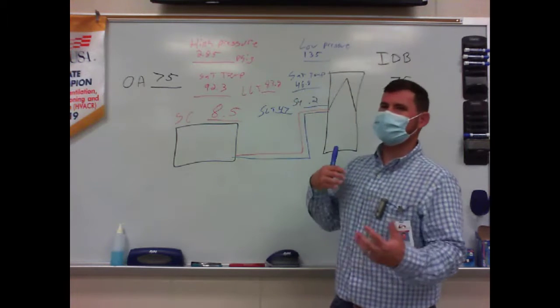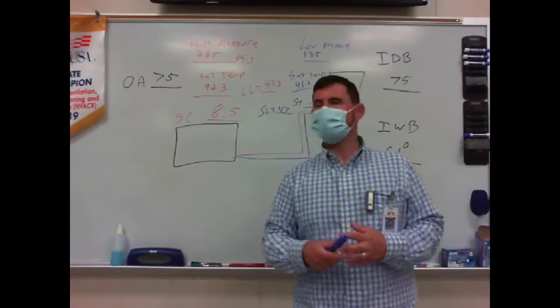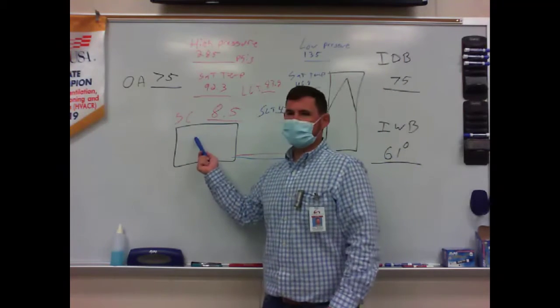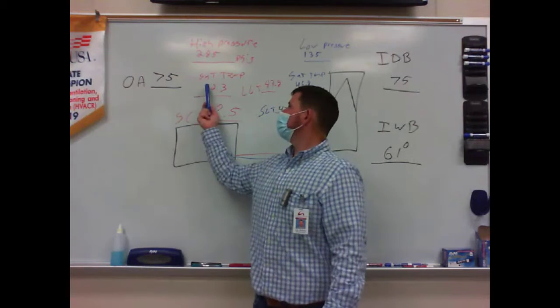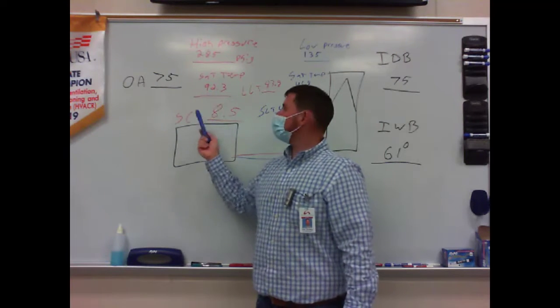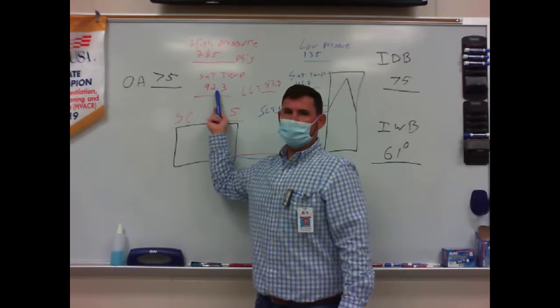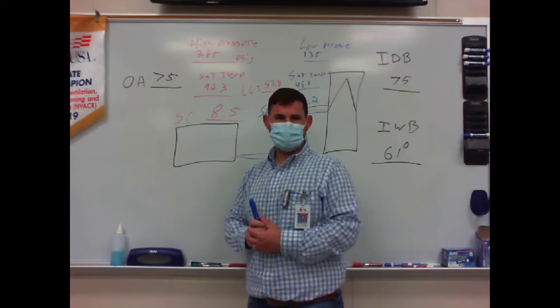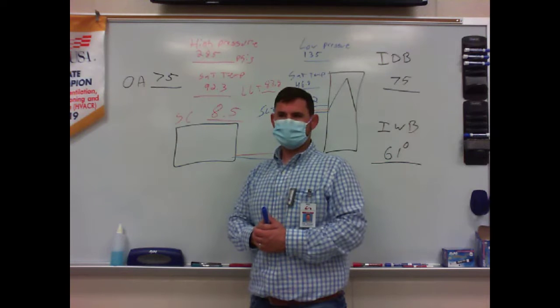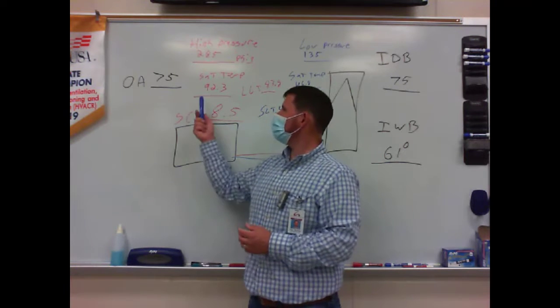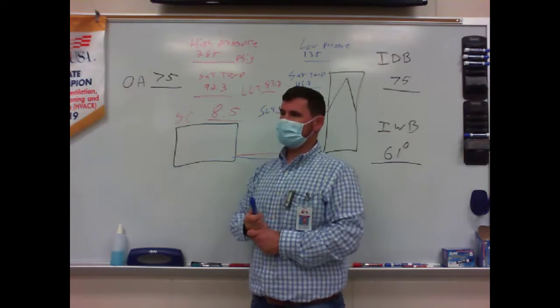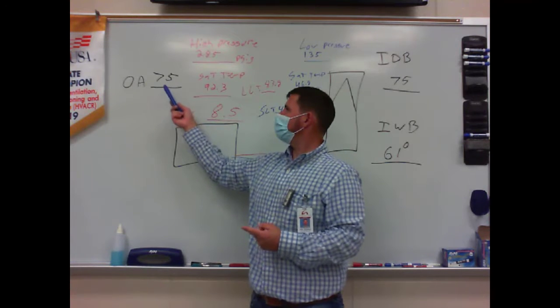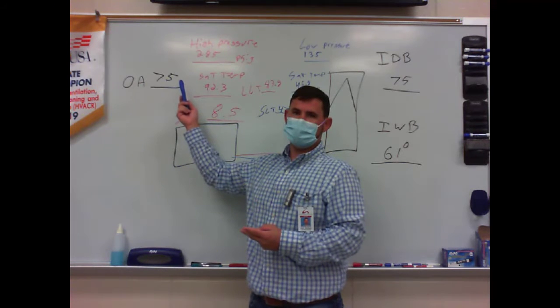What about my condenser split? My condenser split is how much warmer is my condenser than the air around it. If my condenser was saturating at 92.3, in a 75-degree room, what was my condenser split? So how much warmer was my condenser than the air around it? 85, 95 would have been 20, right?